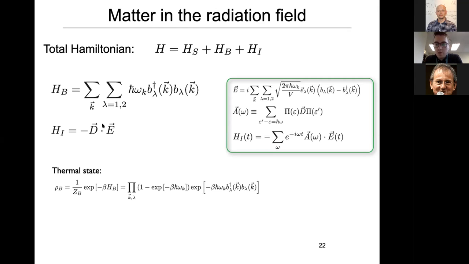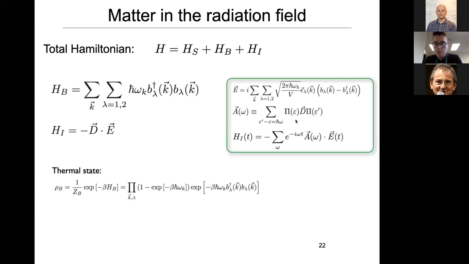This expression implicitly contains a tensor product between these two. We can also expand the scalar product, and we would get a sum over the products of each of the Cartesian components of the dipole vector and the electric field vector.